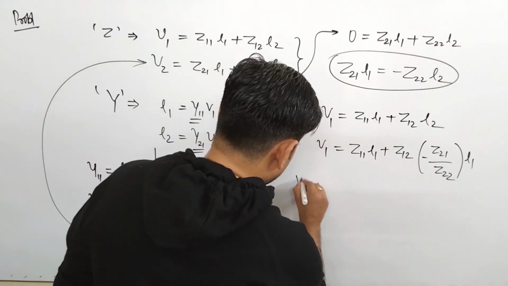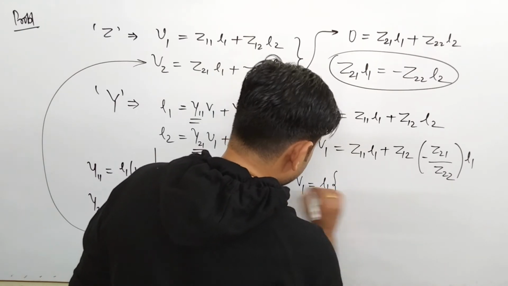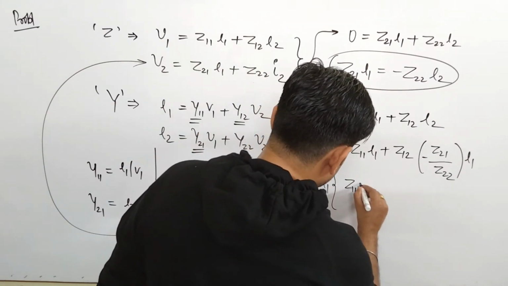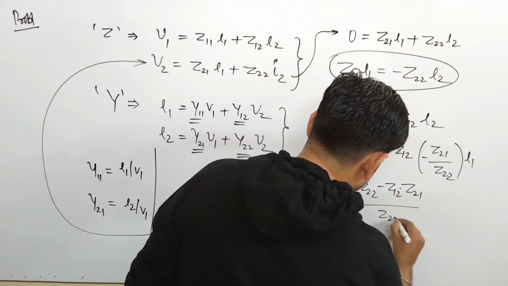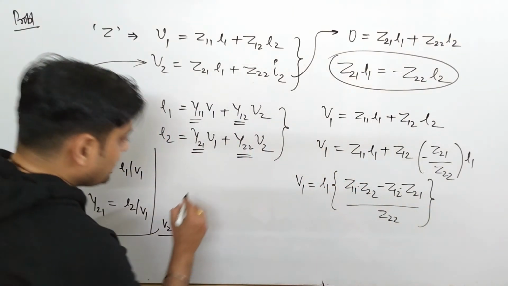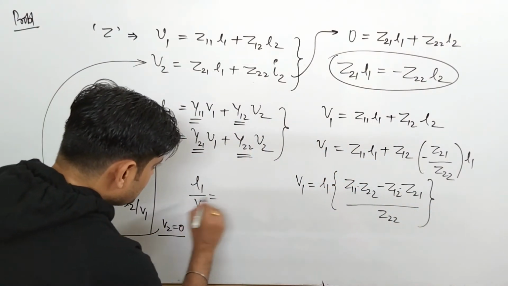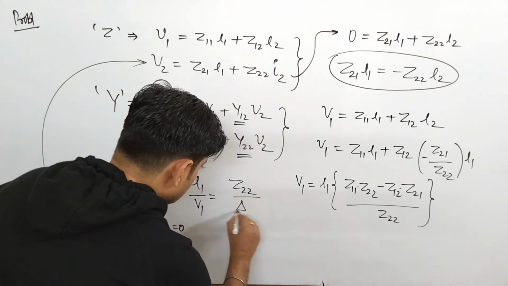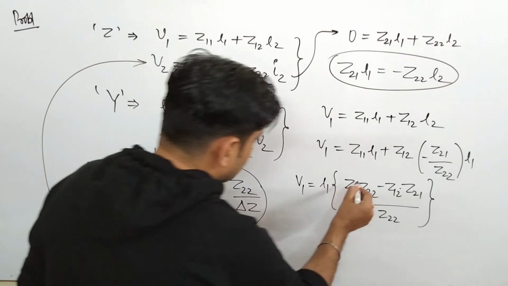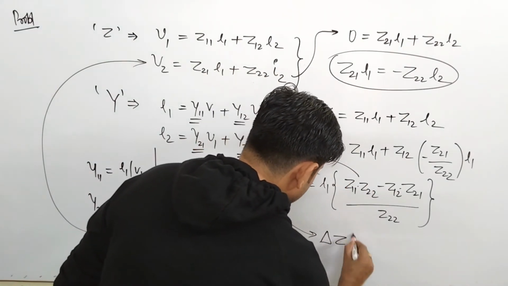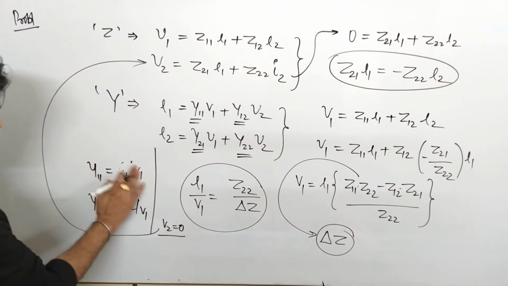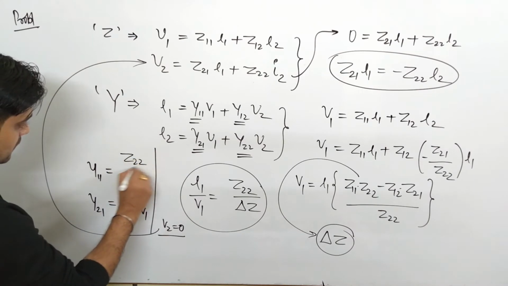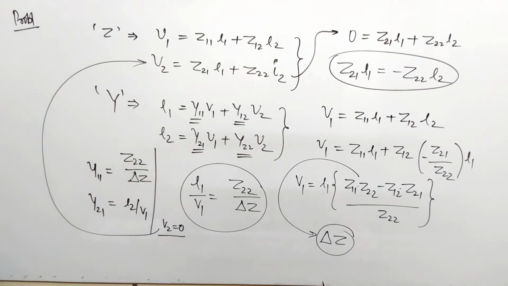From here, V1 is equal to, taking I1 common, Z11 into Z22 minus Z12 into Z21 upon Z22, times I1. So I1 upon V1 is equal to Z22 upon this figure, which I will call del Z. So the value of Y11 is Z22 upon del Z.